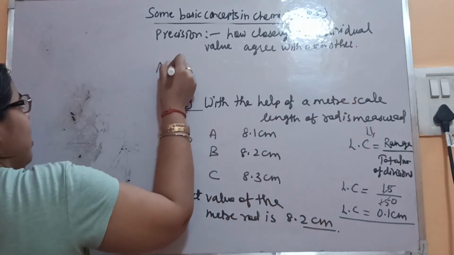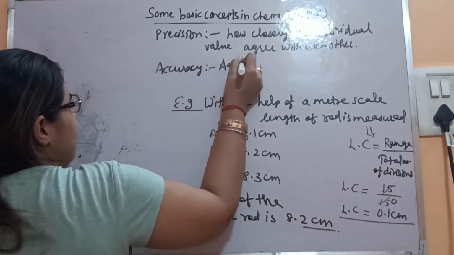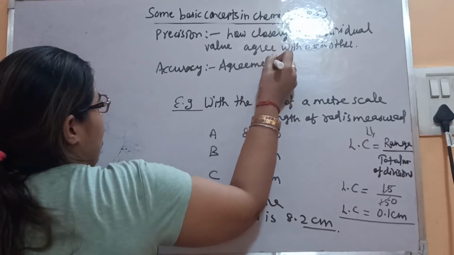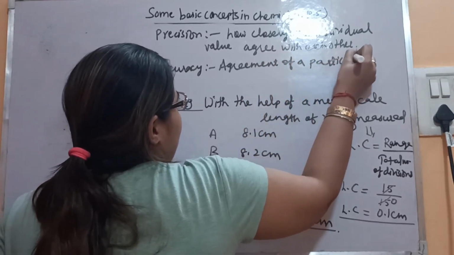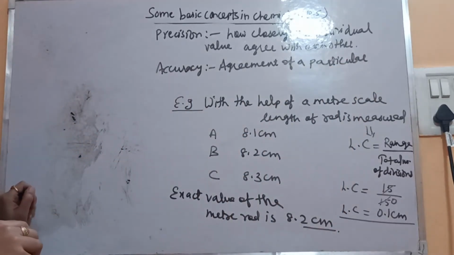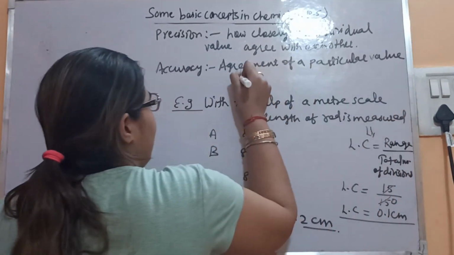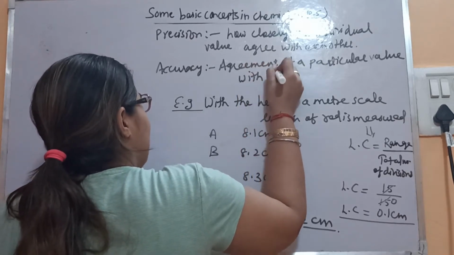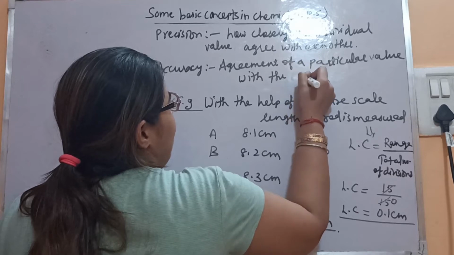And accuracy means agreement of a particular value with the true value. That is, the agreement of the experimental value with the exact or true value.